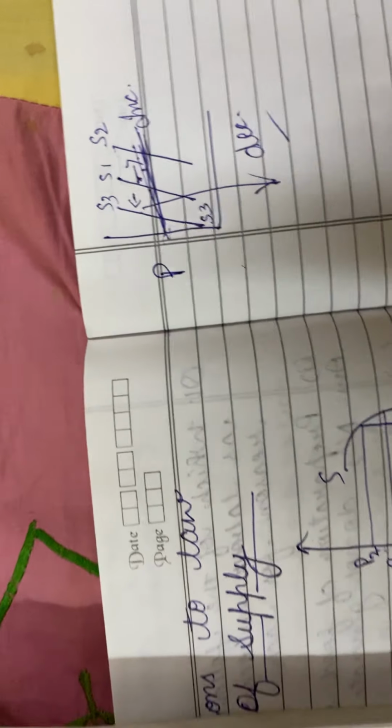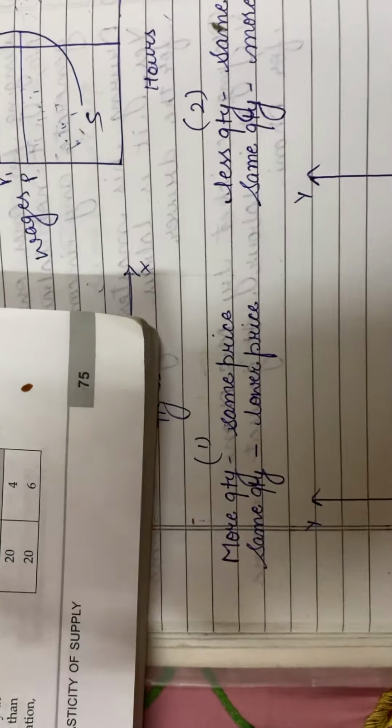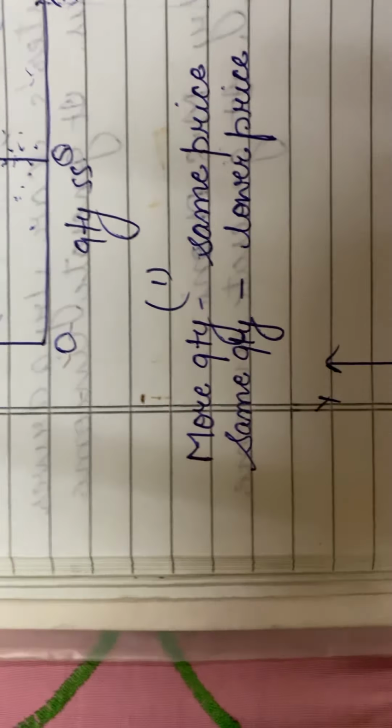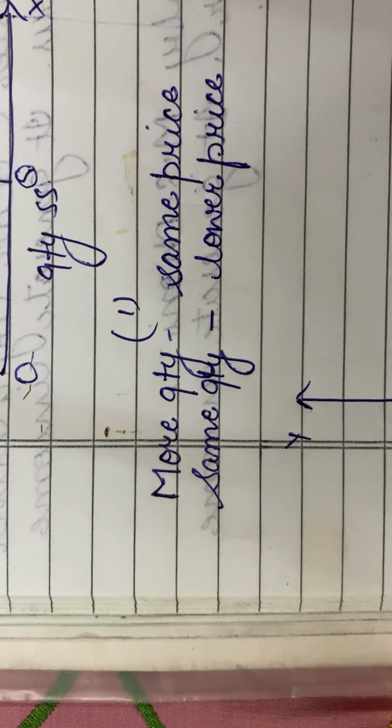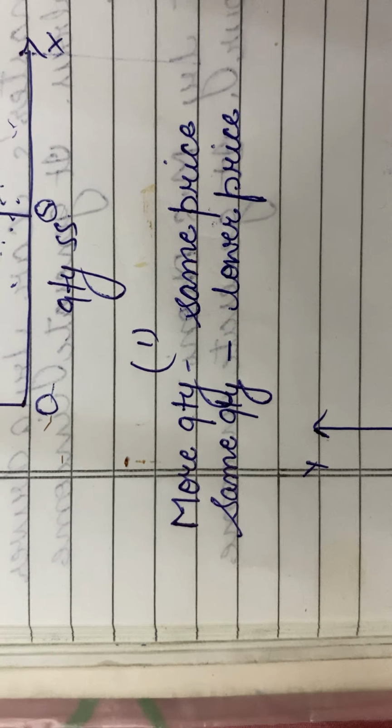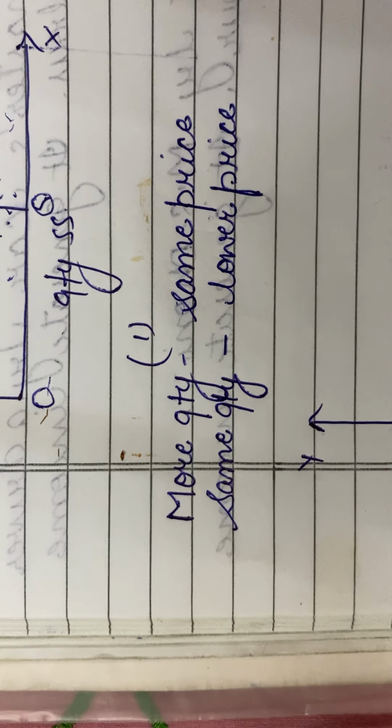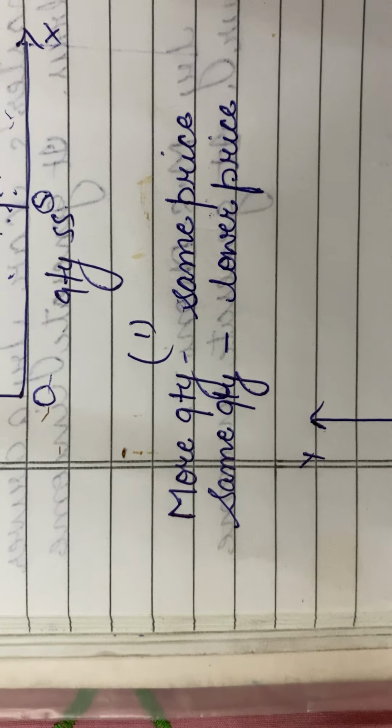Now I'll be switching on to the meaning that is given in your book. For increase in supply, the meaning that is given is more quantity at same price and same quantity at lower price. You can see the meaning that is given in your book.